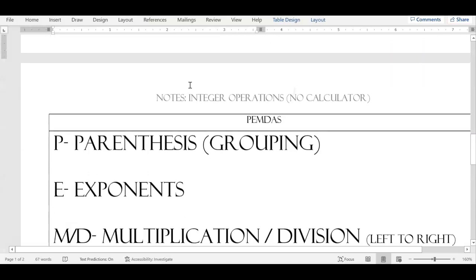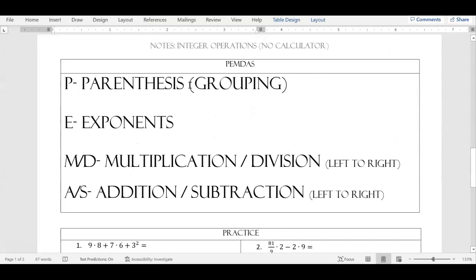If you flip it over, we talked about PEMDAS. Okay, this is called, as you can see right here, it says integer operations. You may have heard it called order of operations. So you've probably heard of PEMDAS. Very important thing.